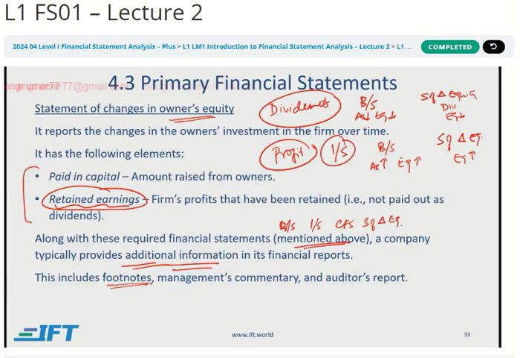Such as, let's say, in your income statement, it is showing that there has been a certain depreciation of your equipment and the amount has been shown as $1 million, right? Now, what is the basis of this depreciation?